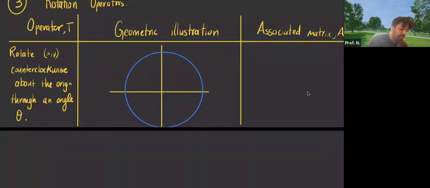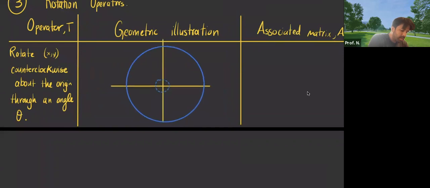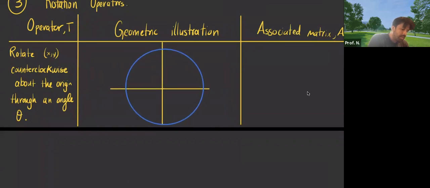And this is when circles really become important. So here we have a circle. We have the y-axis, the x-axis, and a point on the circle. And we have theta.